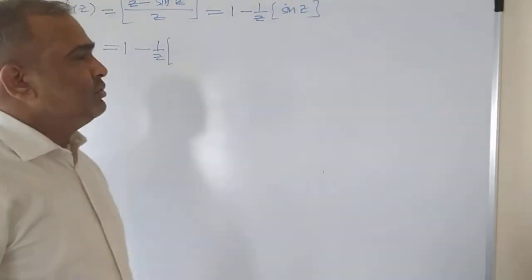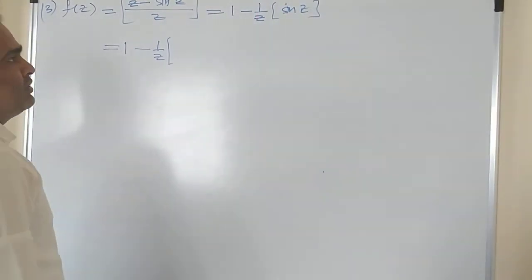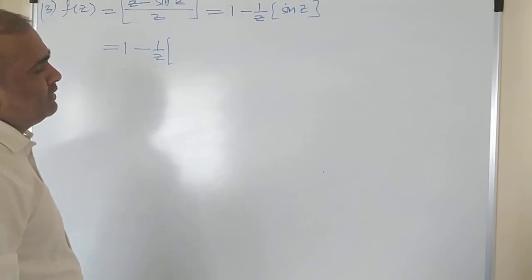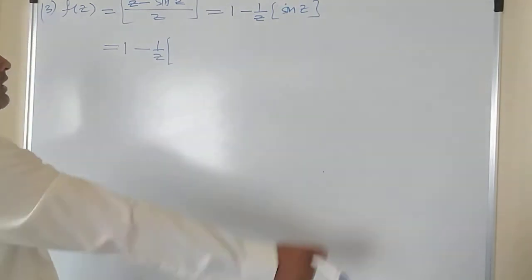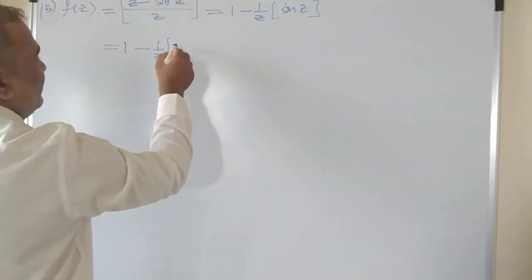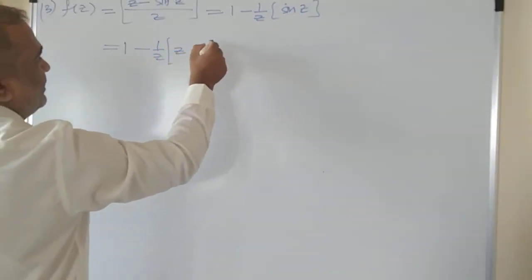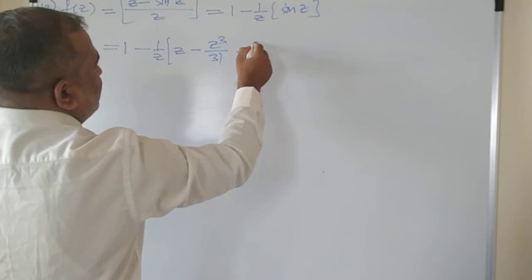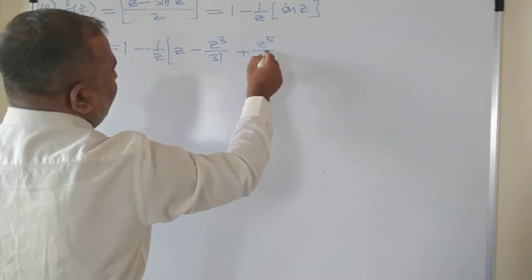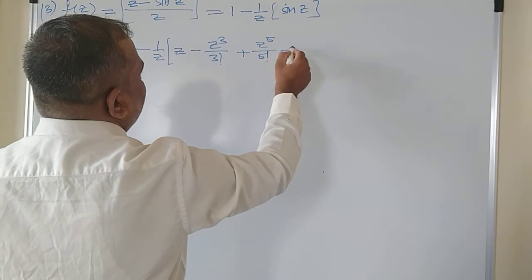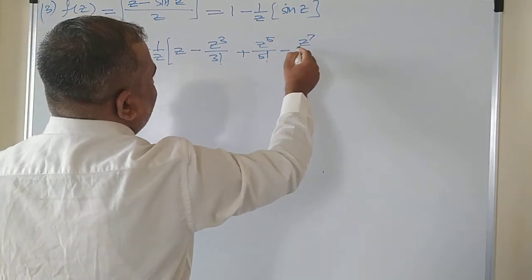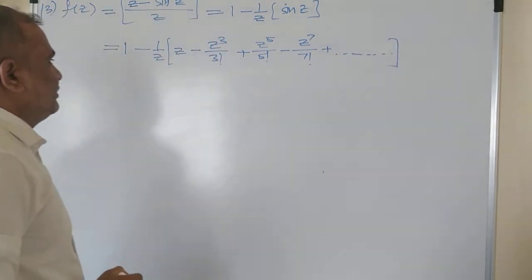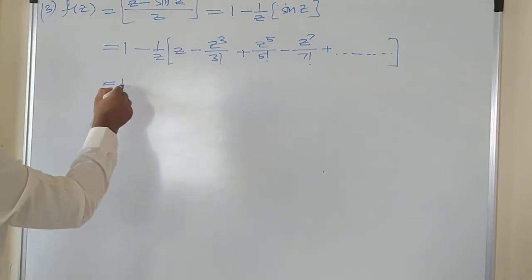You can write sin z, this is an odd function, so odd functions have powers with alternate plus minus sign, right? So the first term you will get z minus z cube by 3 factorial plus z raised to power 5 by 5 factorial minus z raised to power 7 by 7 factorial, plus in this way you will have an infinite number of terms, right?